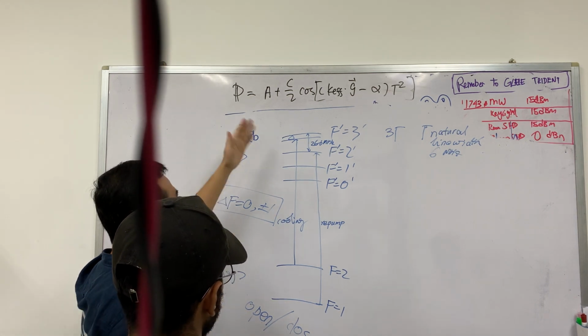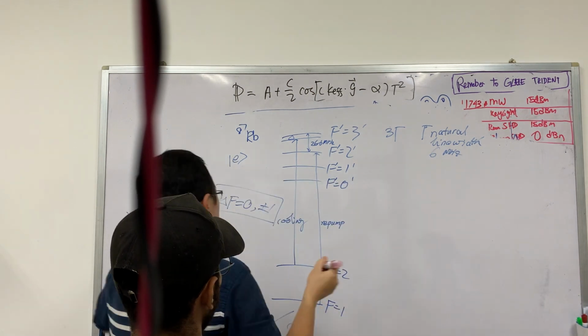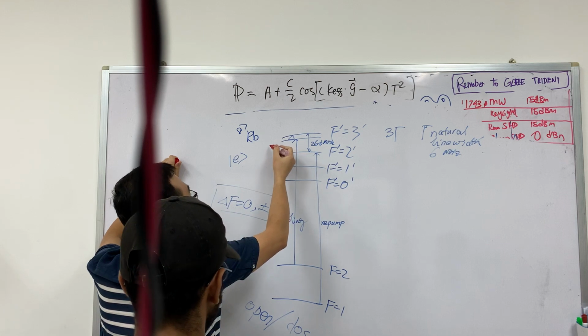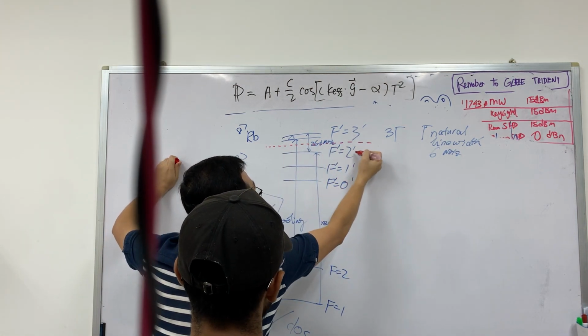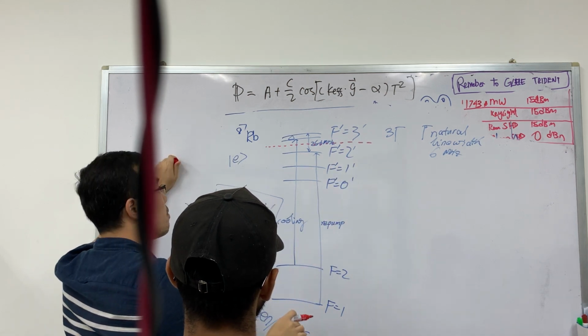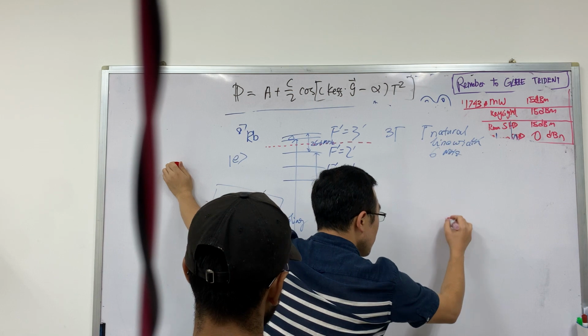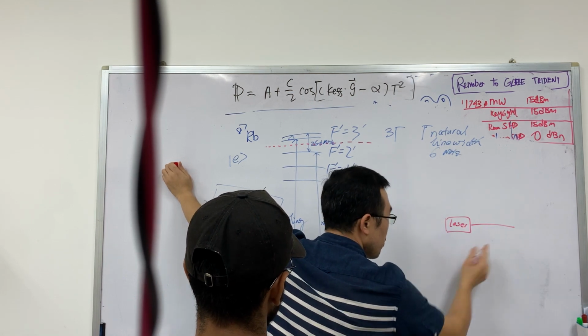Okay, how to get this light? We use AOMs to shift. In our experiment, we lock the laser to the 2 prime, 3 prime crossover. How do we align our laser? This is the laser beam.